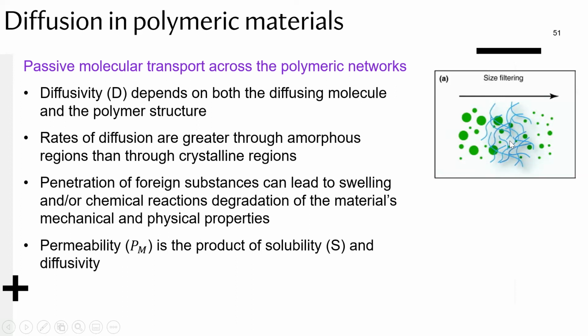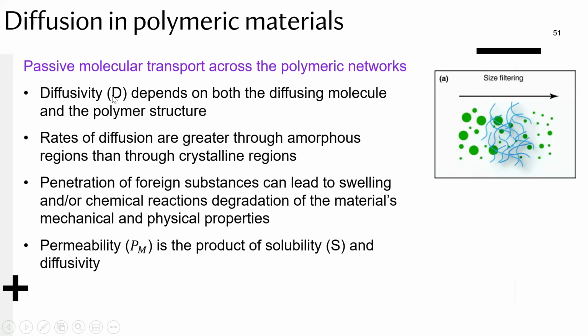Apart from that, if these chains absorb the molecules to themselves, meaning that there could be some sort of chemical interaction that sticks these molecules to the chains, then it will also reduce the passive transport or the diffusion flux of these molecules through the polymer.